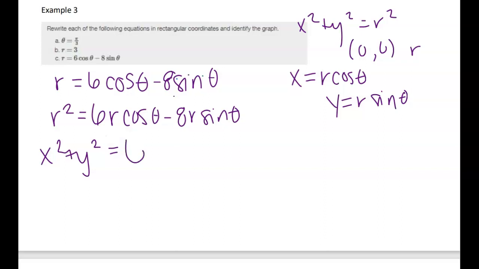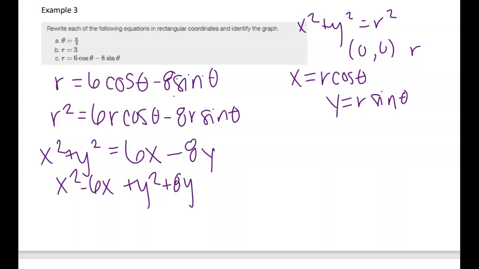And since r cosine is x, I can substitute that in. And r sine is y, I can substitute this in. Let's go ahead and move those over. So x squared minus 6x plus y squared plus 8y is equal to 0.